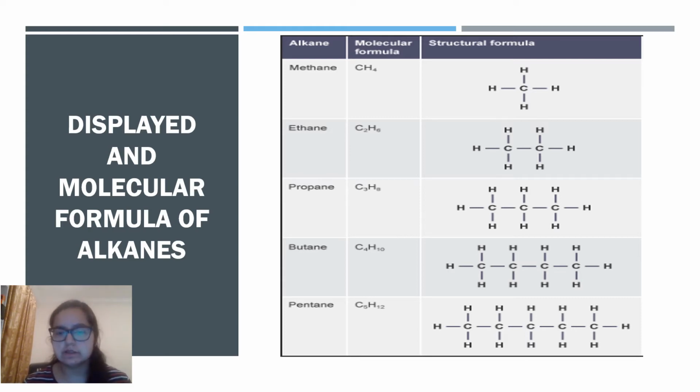You can see here this one carbon atom is forming a bond with three hydrogen atoms and another carbon atom, which means it has completed all its four bonds. And this carbon atom is also forming a bond with three hydrogen and one carbon. So this is the way for ethane, propane, butane, pentane, and these are the molecular formulae: CH4, C2H6, C3H8, C4H10, and C5H12.